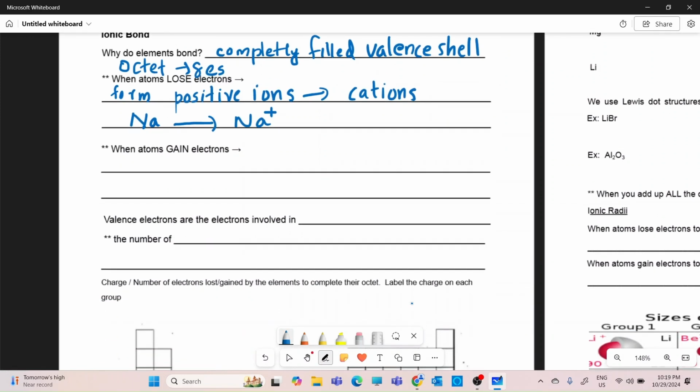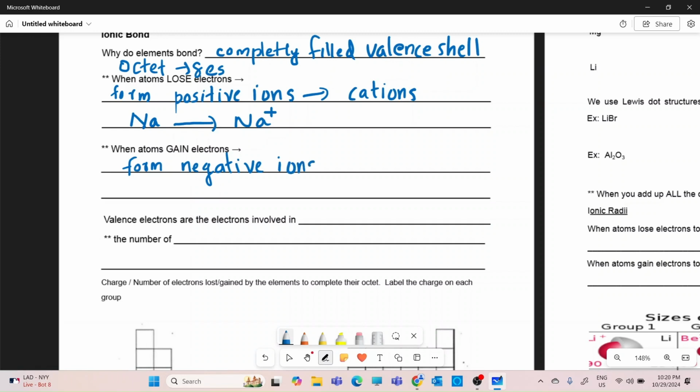The same way, some elements, usually non-metals, will gain electrons. When they gain electrons, they will form negative ions.